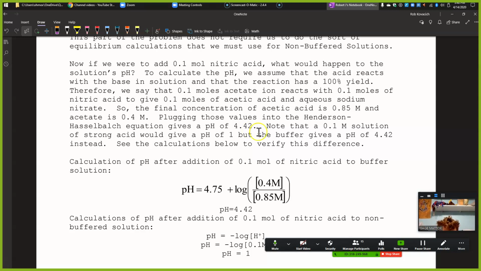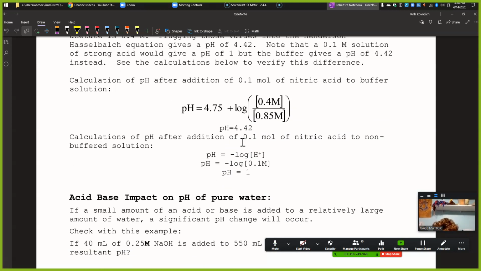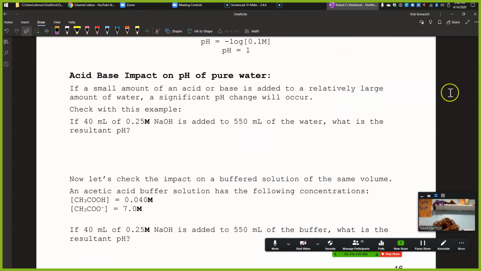All right, so let's look at what happens if I put an acid or a base in just pure water and see what happens to the concentration. So somebody calculate that. Everybody calculate that first one. If 40 milliliters of 0.25 molar sodium hydroxide is added to 550 milliliters of water, what's my resulting pH?